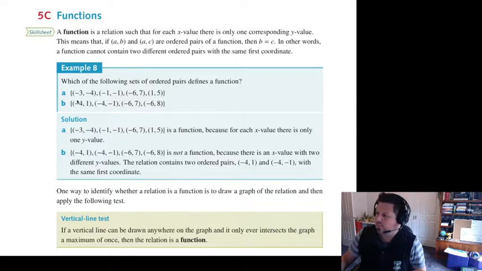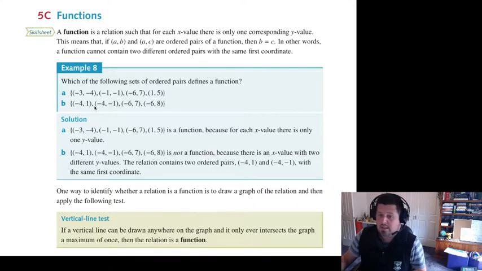On the other hand, this one's got the coordinate -4, and this one's also got -4 for the x value. For it to be a function, they cannot have different y values. This one's -4 and 1, and this one's -4 and -1, so it's got different y values for the same x coordinate.